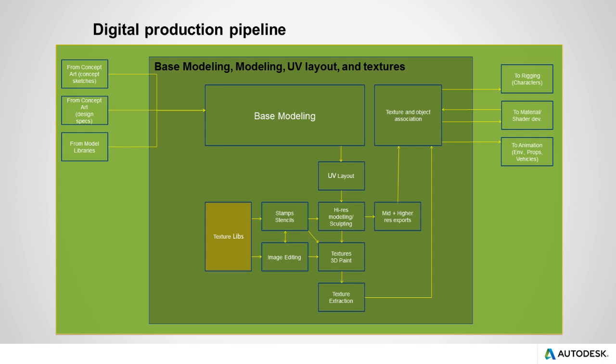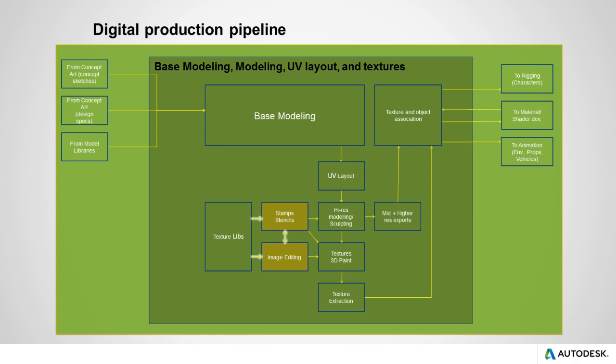And of course, from these texture libraries, we want to get into a couple of different areas that we can use these textures for. So building textures that can be used further down the pipeline for 3D painting, for example, or for providing images that we can use to detail the overall creature.